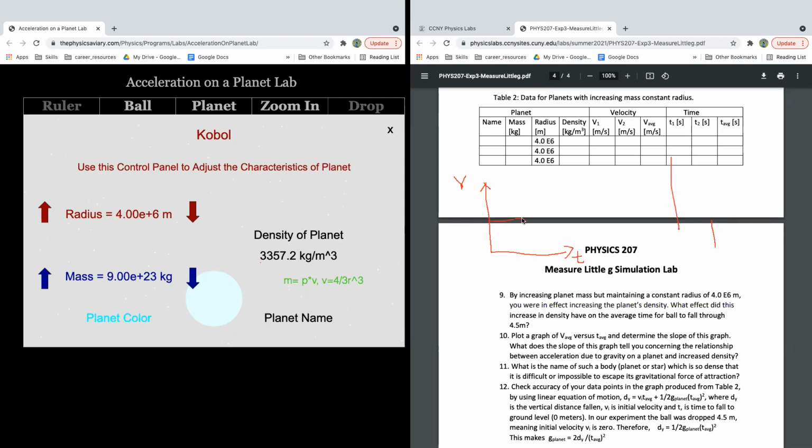Also 3. And then how are you able to plot a graph?